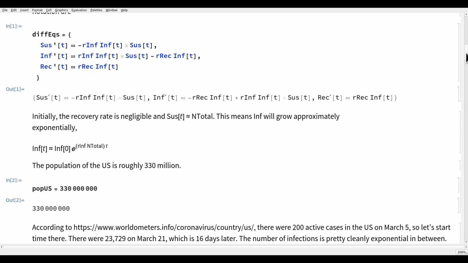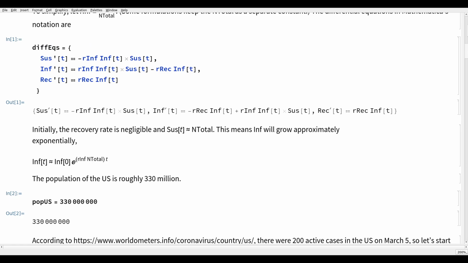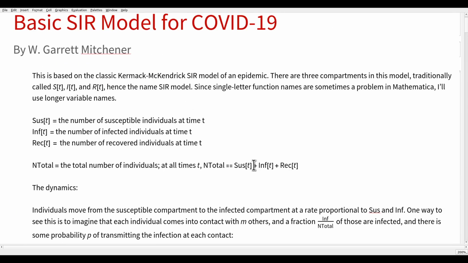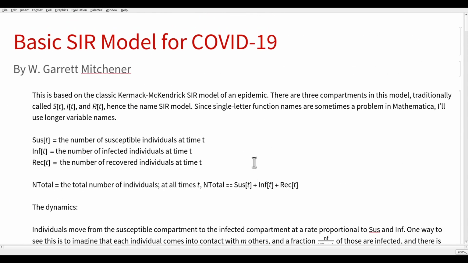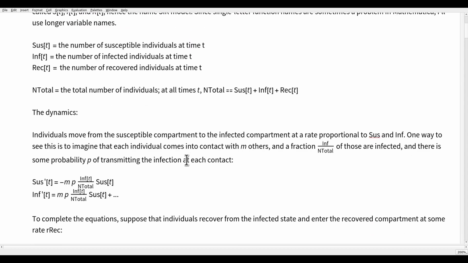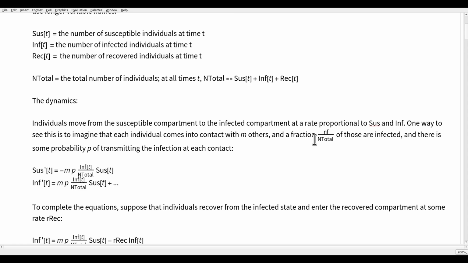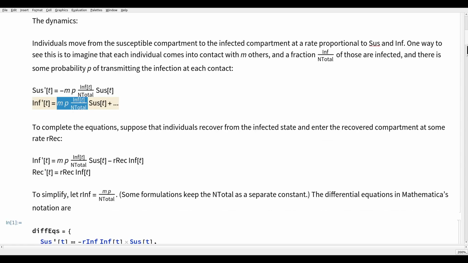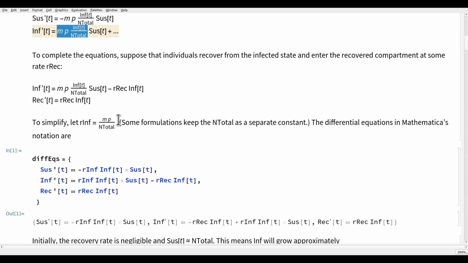You can think of rInf as being that each individual comes into contact with M others, and a fraction of those are infected. So remember, rInf is all of this except for the inf of T. Right here. What the social distancing does is to reduce that M.